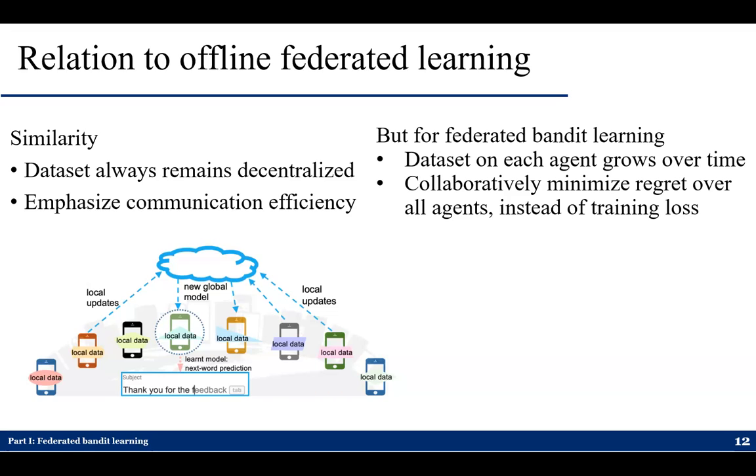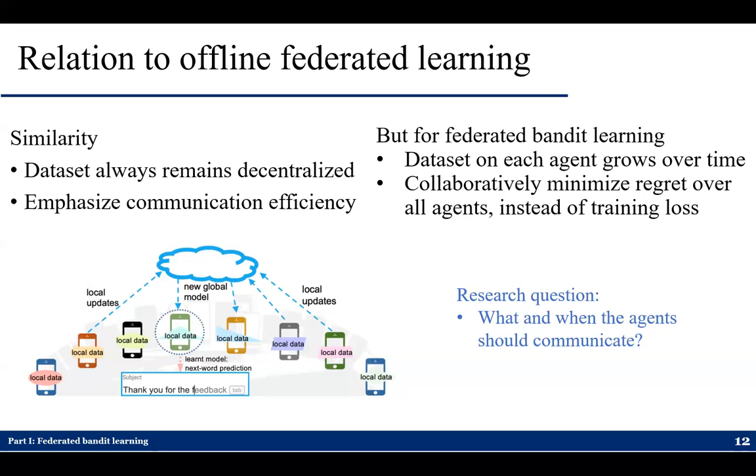Because the purpose is to save communication, when the local model gets new data, it will just use it. So this recommending system is being updated as the user uses it, and they will send these gradients to the server. Okay, we can move on.